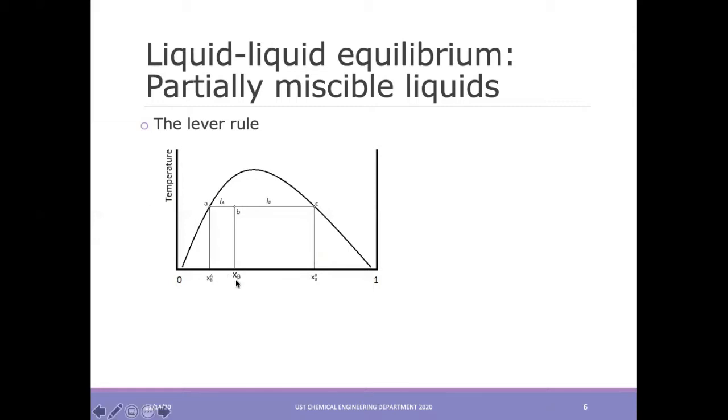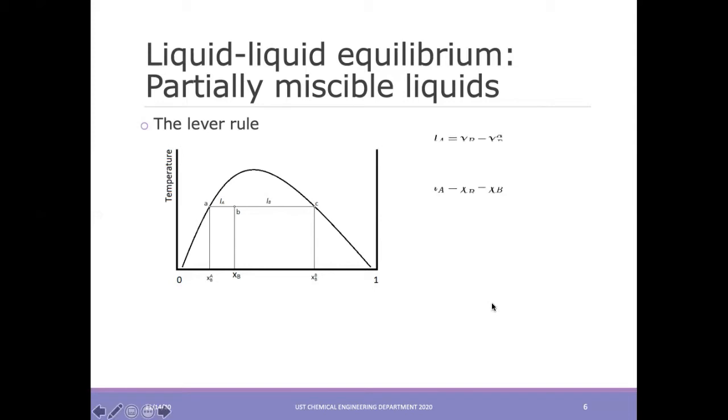So let's say this is a graph of temperature versus x sub B. If we have x sub B here, at a certain temperature, if you extend this to the line here, this is x sub B, B-rich. And if we extend the line here at point A, this refers to the mole fraction x sub B, A-rich. Recall that tie lines connect the compositions of the two layers in equilibrium with each other.